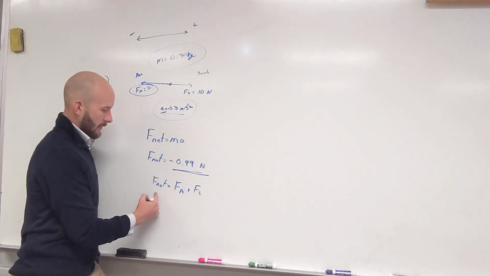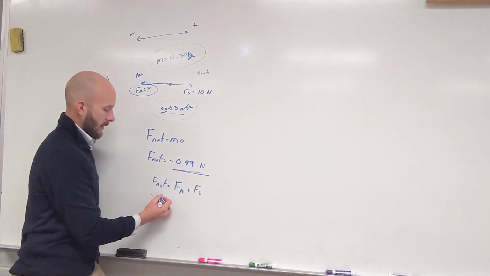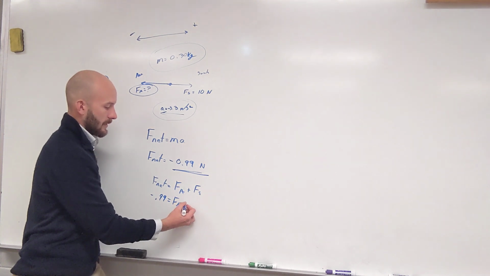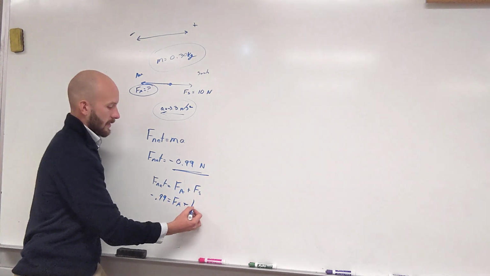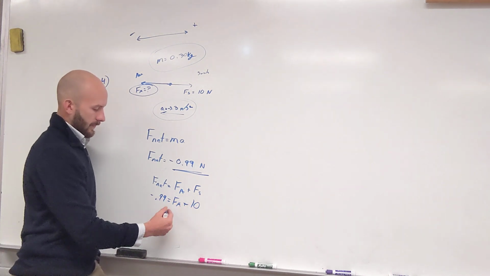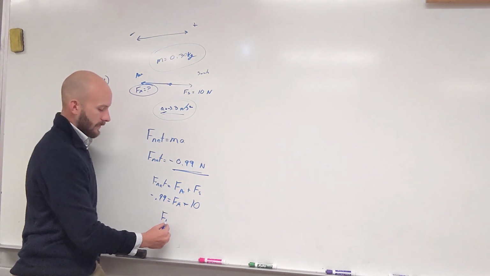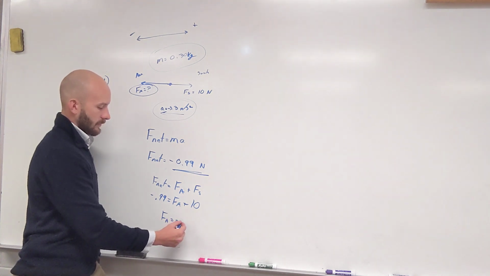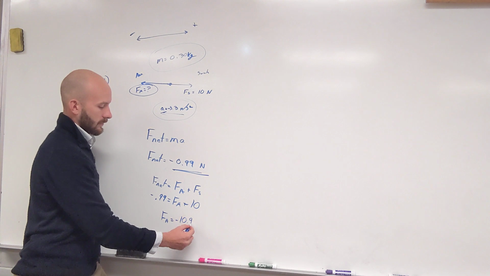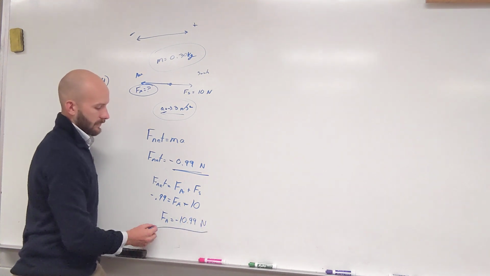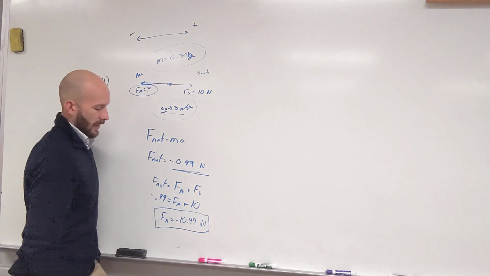So I'm just going to substitute stuff in here. Negative 0.99 is our net force. We don't know Anne's, and Sarah's is 10 newtons. So then we just solve. And it would be that.